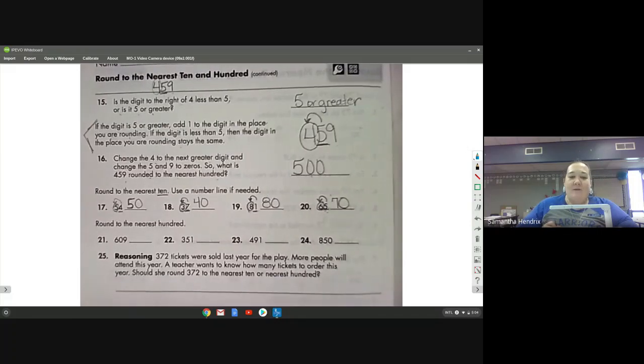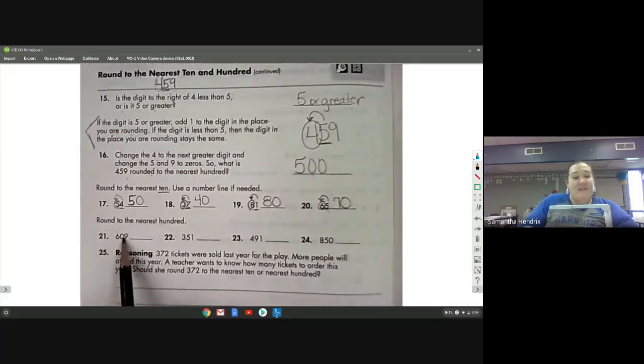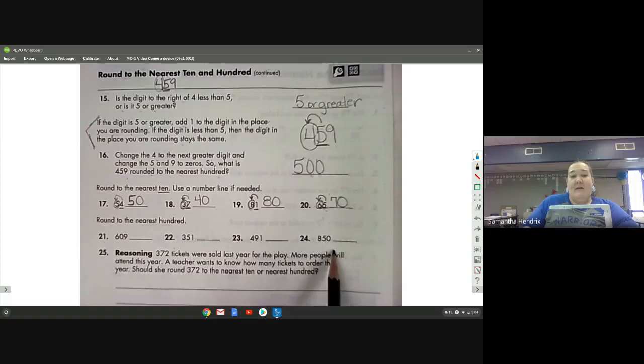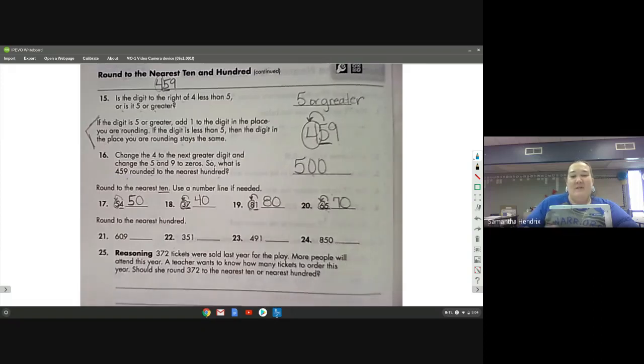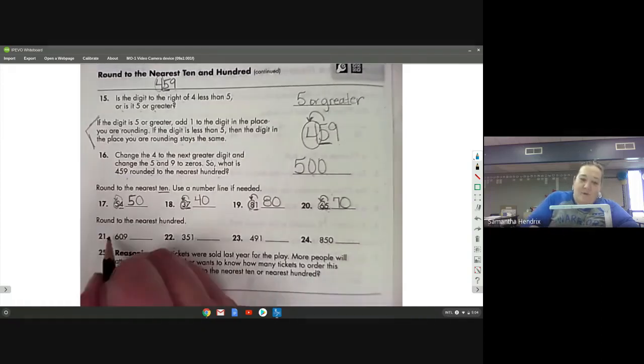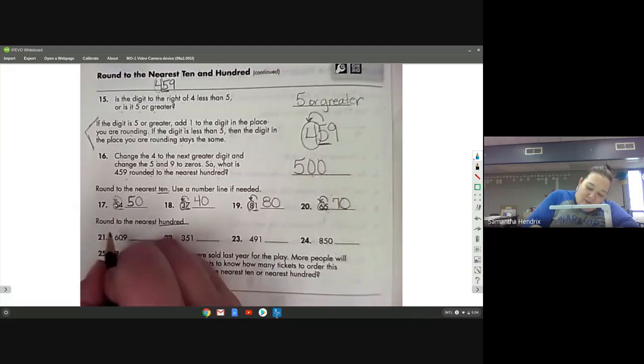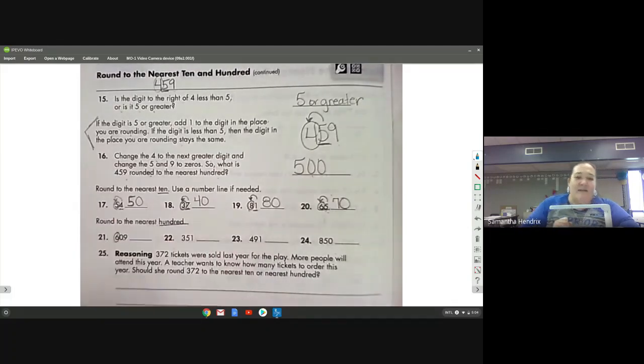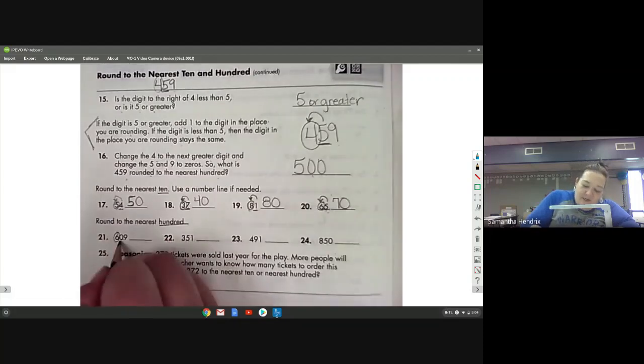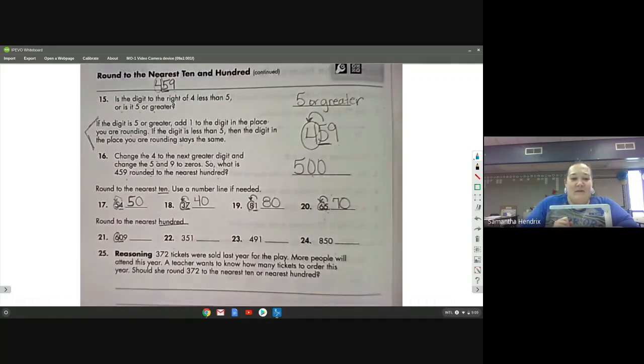Good job. Okay, I'm going to do this one with you, and then I want you to do these. But you're going to pause and then come back and see if you did it right. Okay, so 21, we're rounding to the nearest 100. So this time we're going to circle the digit in the hundreds place, and we're going to underline the digit to the right of it.